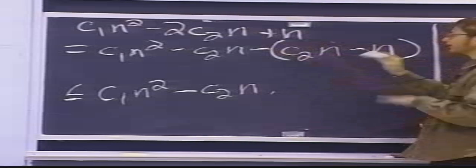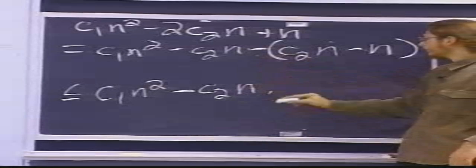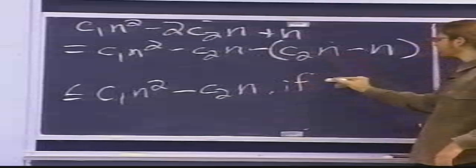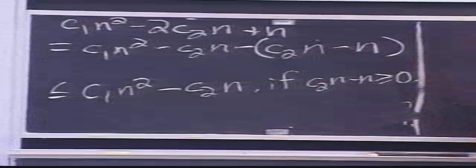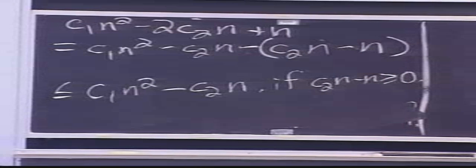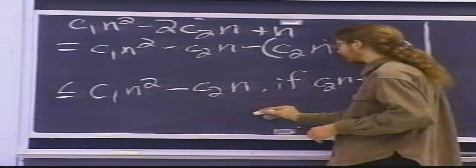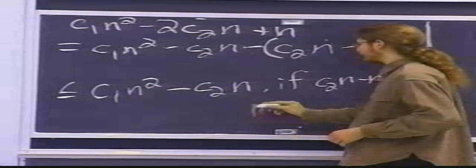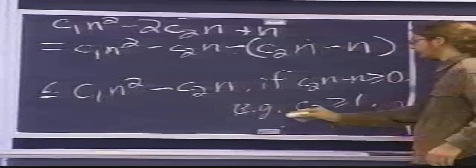The 2 minus signs cancel. Good. So when will this be at most this? Well, whenever this residual term, C2n minus n, is non-negative. And when's that true? C2 is at least 1. Let's say, for example, we can choose C2 to be at least 1.